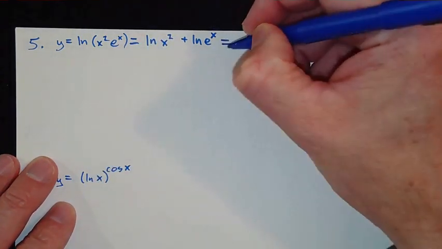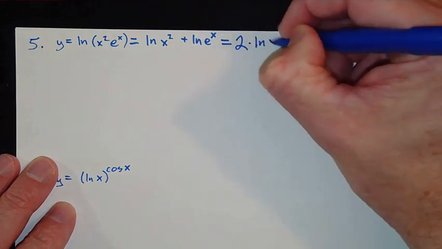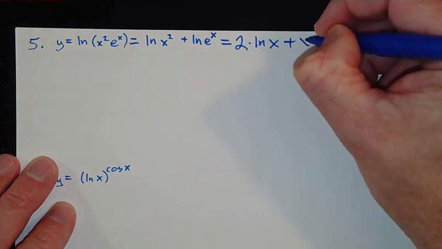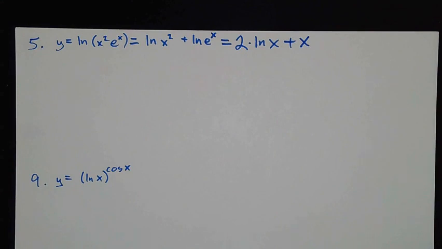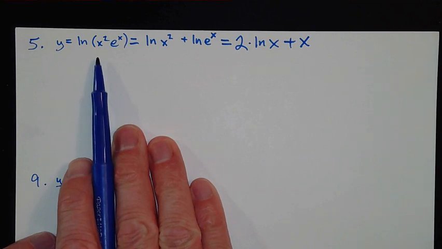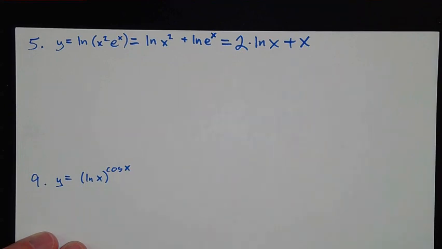So I haven't even started taking the derivative yet. And this is now 2 times the natural log of x plus the natural log of e to the x, which is just x. And so I've gone from something that's a product rule inside of a chain rule inside of a log function to just a simple log function and x.